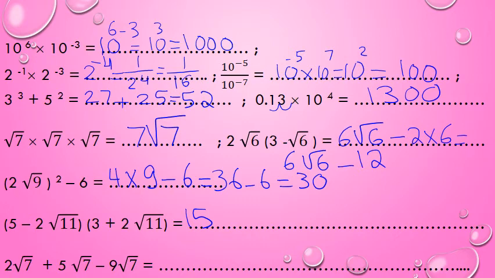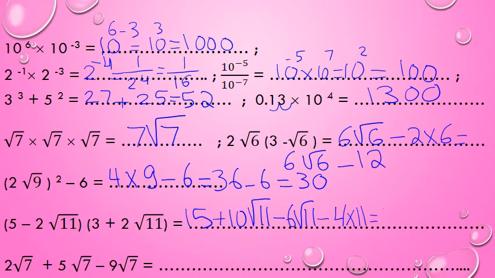Plus times plus, 5 times 2, so it's 10 radical 11. Now we multiply minus 2 radical 11 by 3. Minus times plus, 2 times 3, 6 what? Radical 11. Minus times plus, 2 times 2, radical 11 times radical 11, so it's 11.